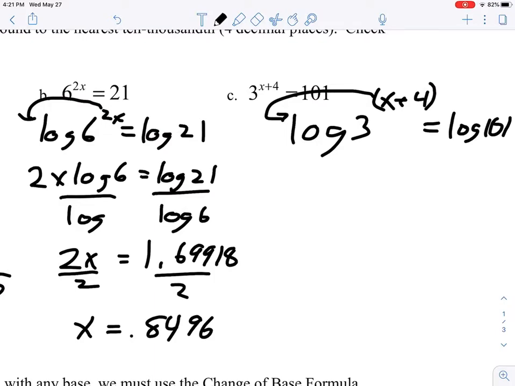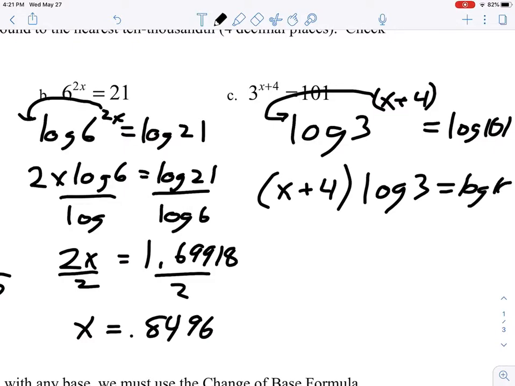Because we need to make sure that we're taking this as a coefficient of log of 3. Because if you don't, you might think that's 4 times log of 3 and then the x out there. No, it's x plus 4 times the log of 3. So now I can just divide by log of 3.